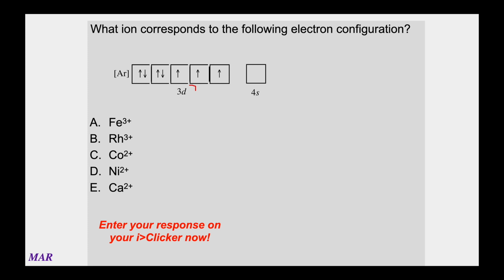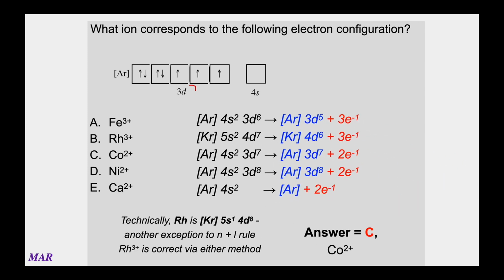So neutral cobalt would have a 4s2 3d7 configuration. But because cobalt here in answer C has lost 2 electrons, that's going to keep the 4s orbital empty. So I'm going to argue that answer C would be correct.